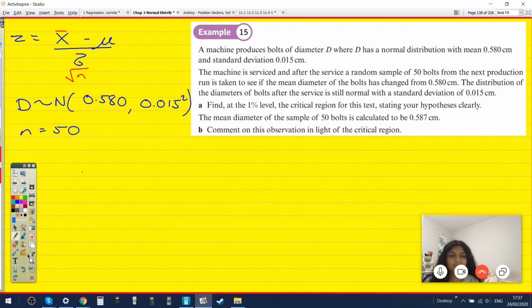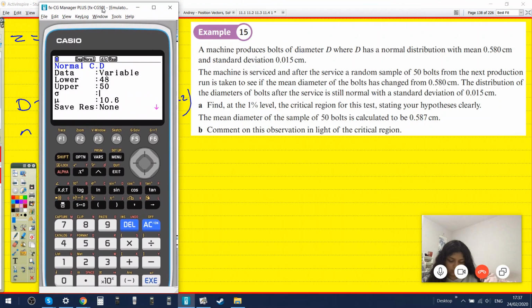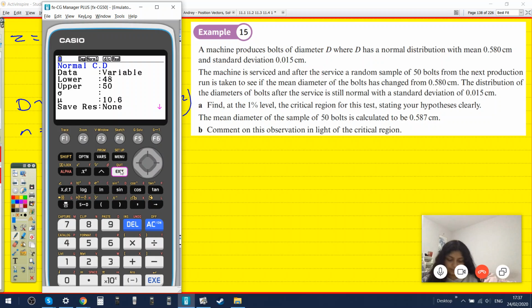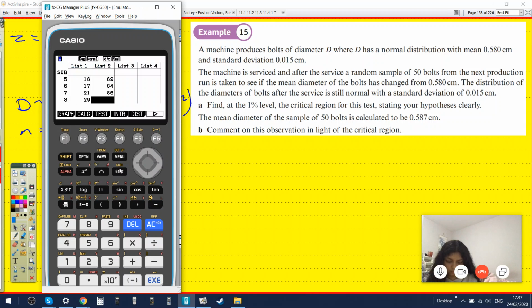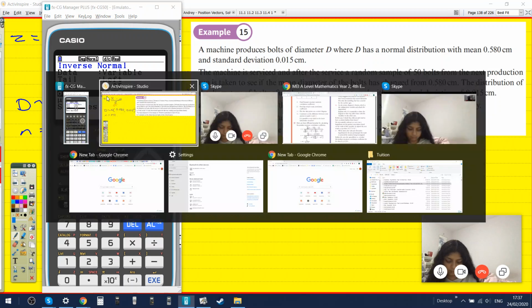So 0.005, distribution, the standard deviation.